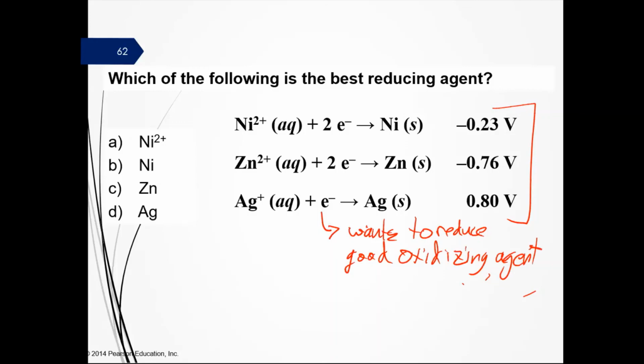So if we're looking for the best reducing agent, we want the thing that really doesn't want to reduce. And so between our nickel or our zinc, we can see that our best reducing agent is going to be our zinc metal, because it's going to want to oxidize to make that zinc 2+. So our zinc metal going to zinc 2+ and 2 electrons is going to give us 0.76 volts.